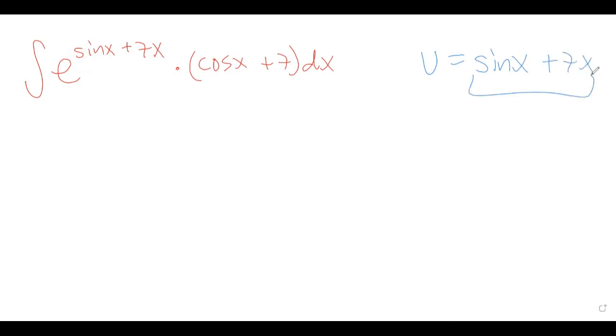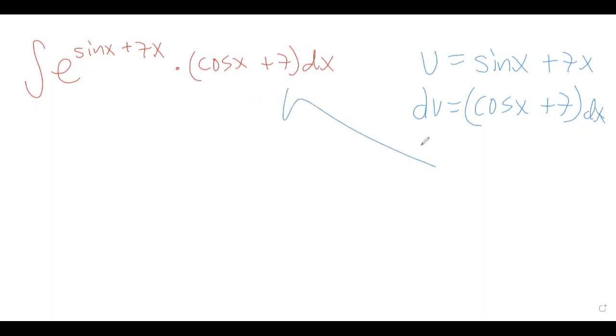Because if this is our u, then our derivative du would be, well, the derivative of sine is cosine, and the derivative of 7x is just 7. And that matches perfectly with what we have back over here, right? It matches perfectly. So let's rewrite the original problem in terms of u's.